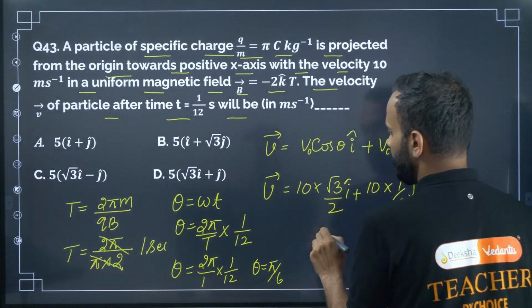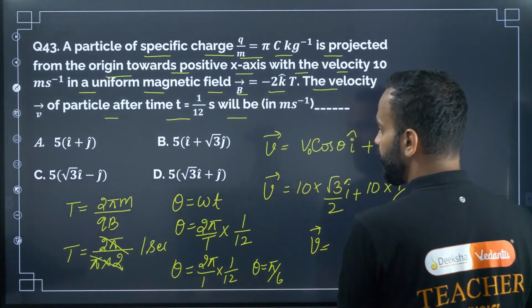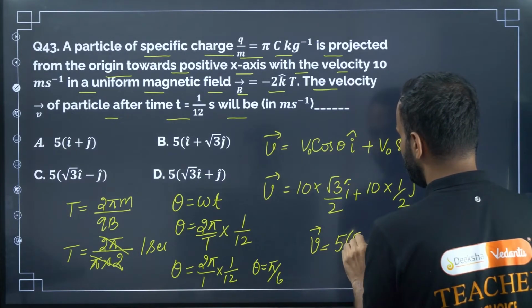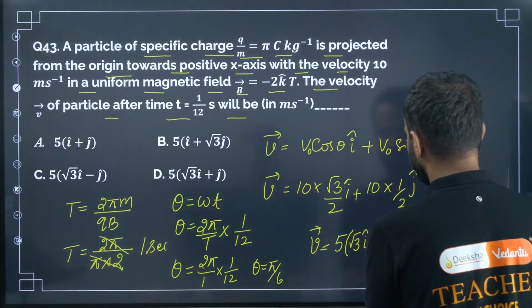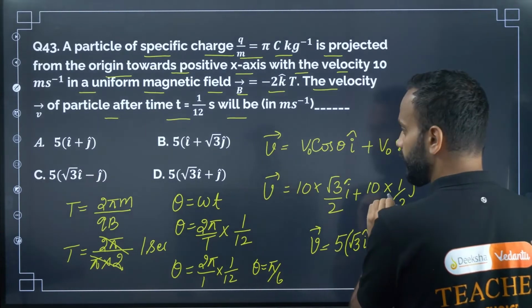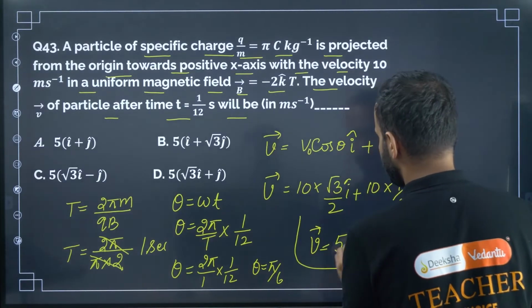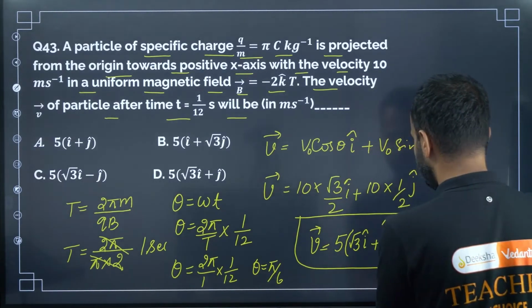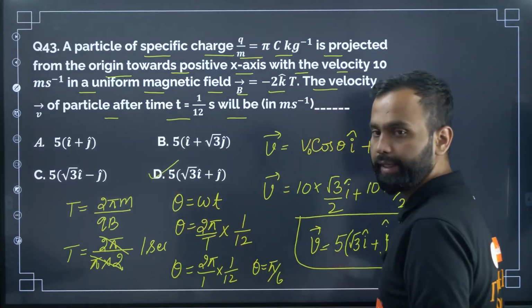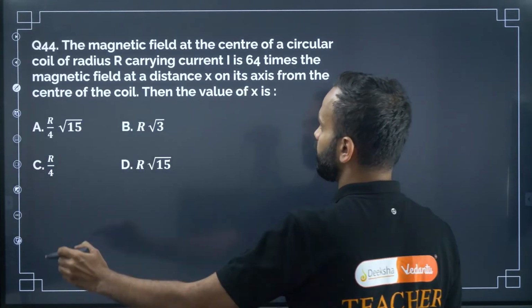Now solve this, you will get v vector equal to 5 into root 3 i cap plus j cap. What is the unit? Meter per second. So the correct option is D. Okay, next question.